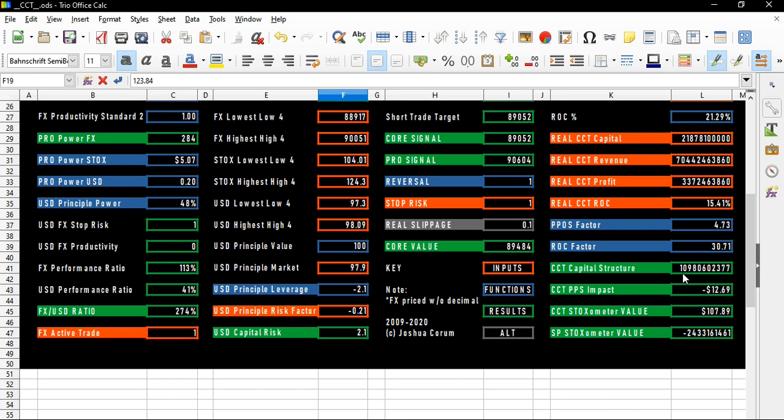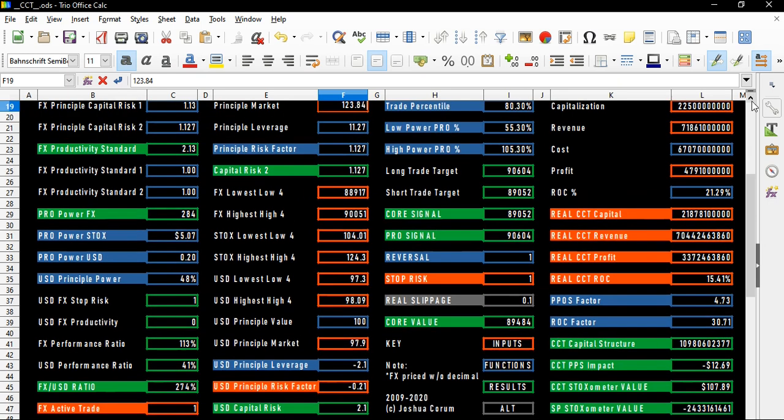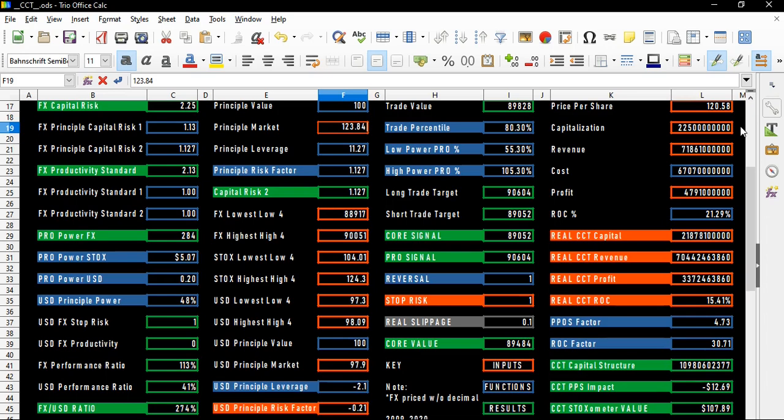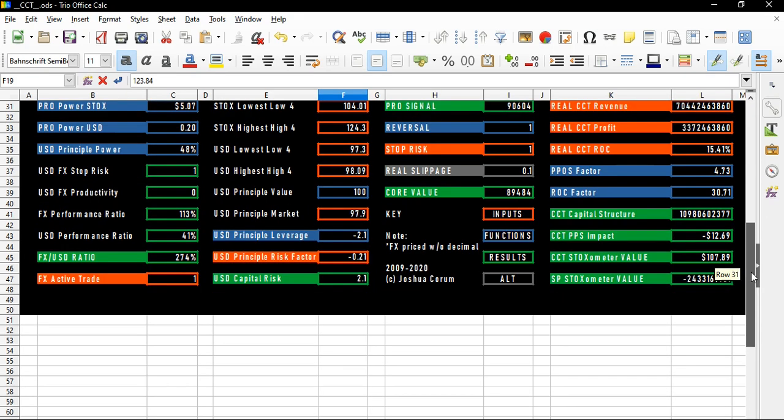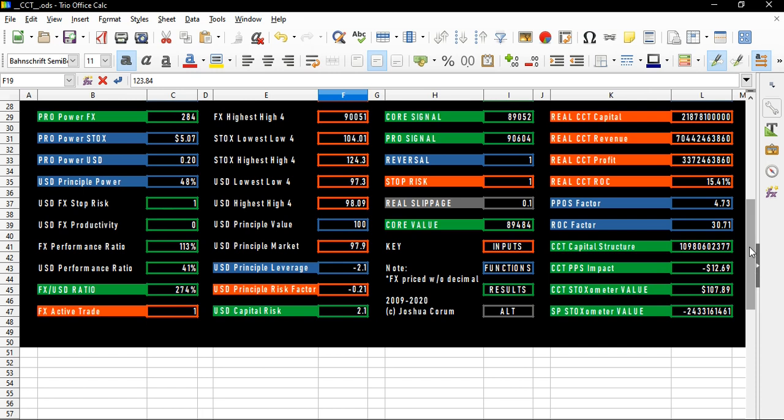The Quorum capitalism theorem says that the return on capital based on UPS's capital structure, meaning their capitalization of $22 billion of cash flow, should be 30.71%. That should be what their profit is. Are you with me?